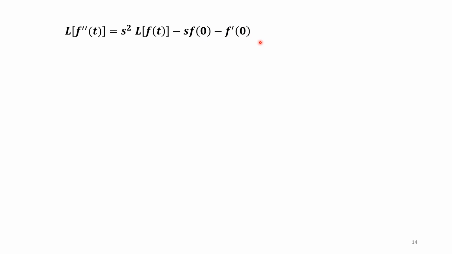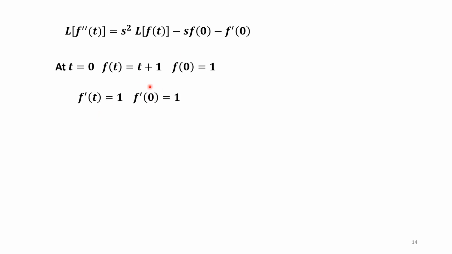We have to calculate now what is f dash of 0. f of t is t plus 1, so f dash of t will become 1 because the derivative of t is 1 and the derivative of 1 is 0. So when I put t equal to 0, we get f dash of 0 is equal to 1. So f of 0 is 1 and f dash of 0 is 1.